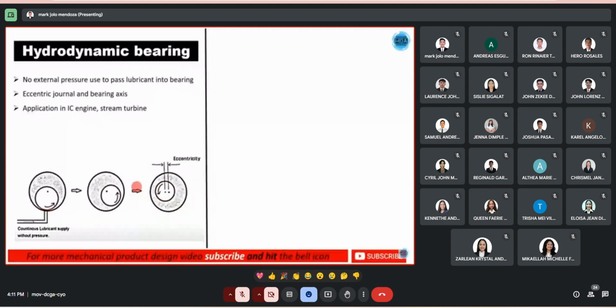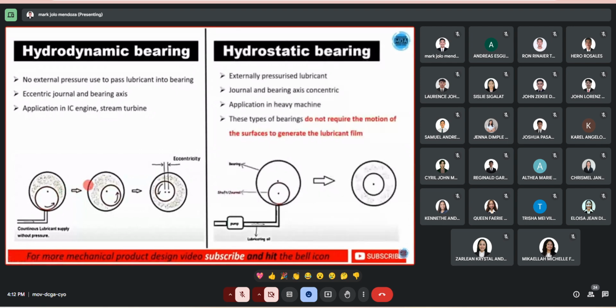You can see here, at running condition the eccentricity will be less, but it will still be there. And you can see we are not using any external pressurized fluid here.